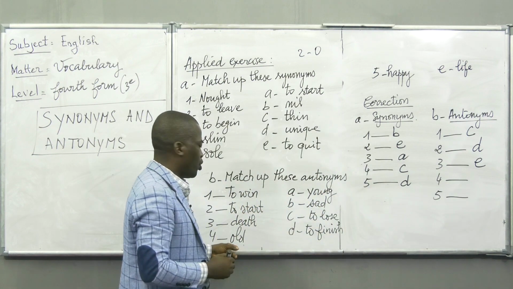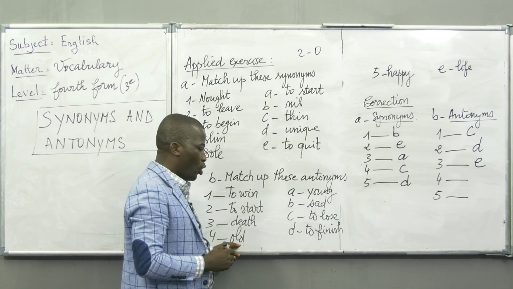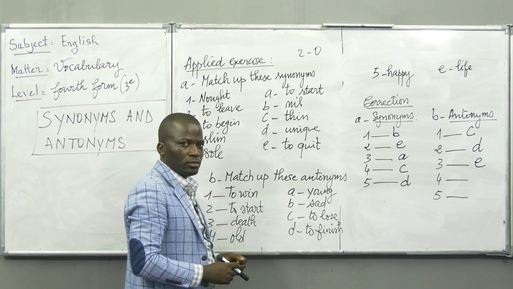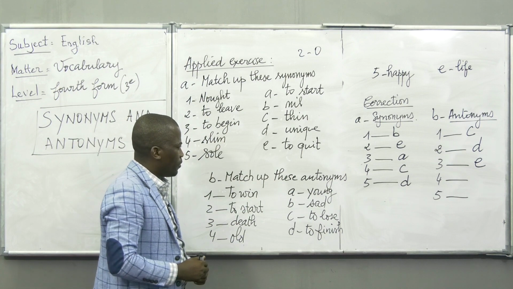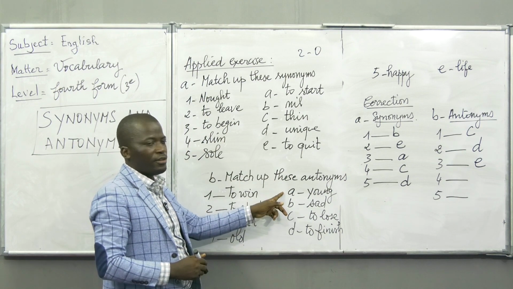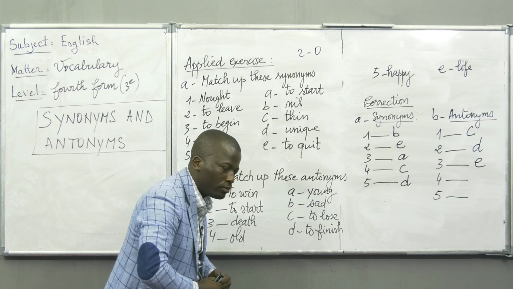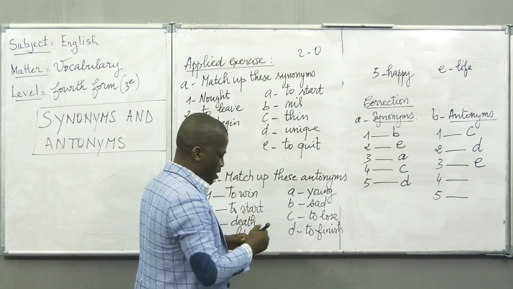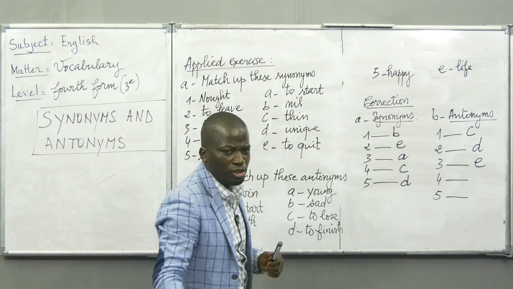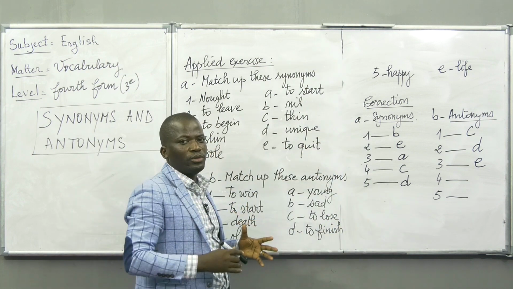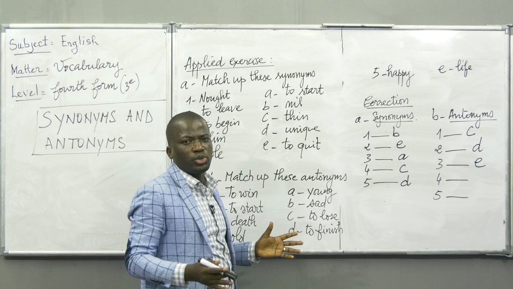Number 4, old. Old. Try to see. The antonym is A, young. Old, you are maybe 19 years old. And young, you are 25 or 20 years old.